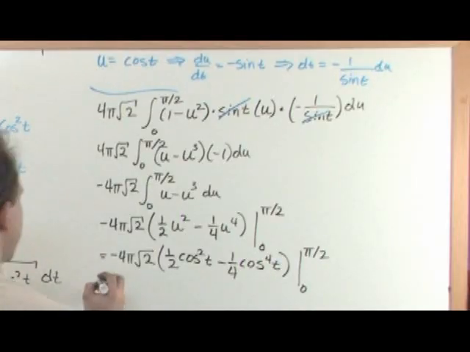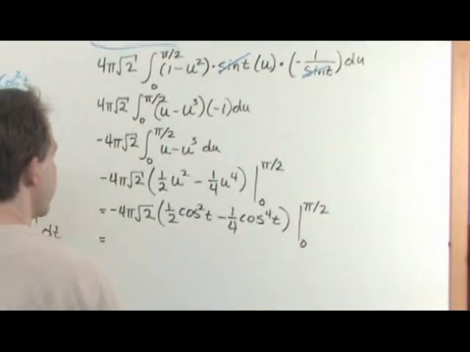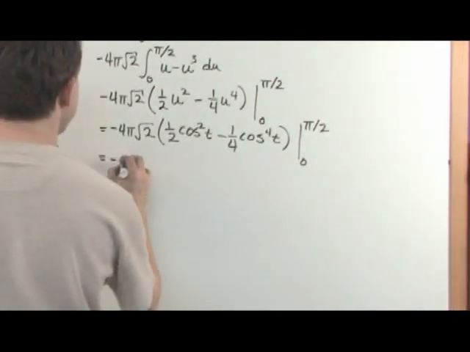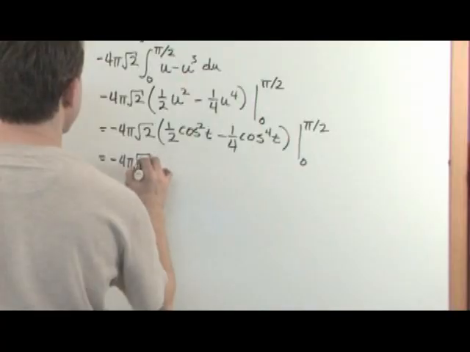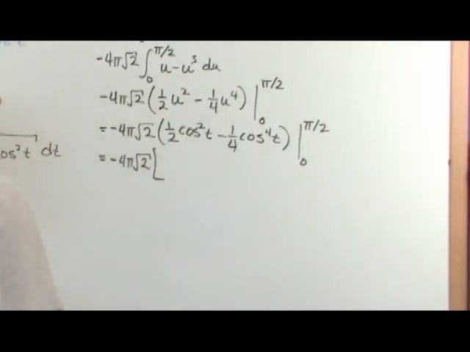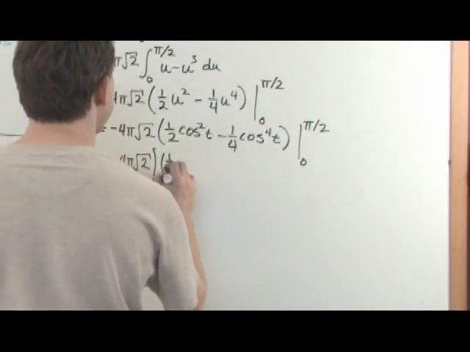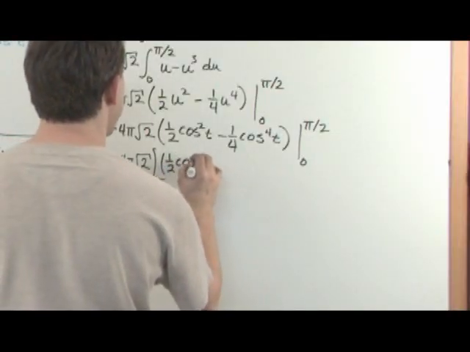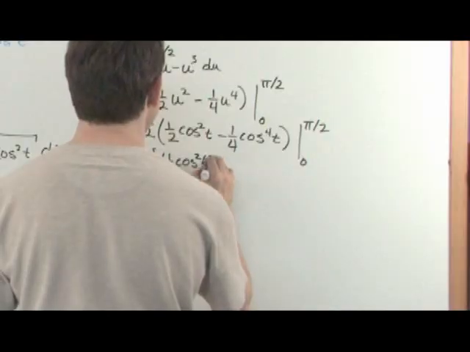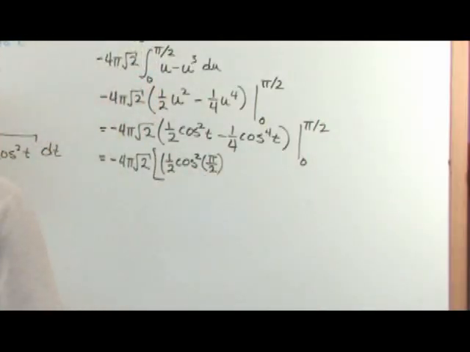All right, so now I'm going to just evaluate this from 0 to pi over 2. I'm going to have negative 4 pi times the square root of 2, and a bunch of stuff on the inside here. I'm going to have 1/2 times cosine squared of pi over 2, minus 1/4 cosine to the fourth power of pi over 2. I'm not even evaluating it yet, I'm just writing it down.